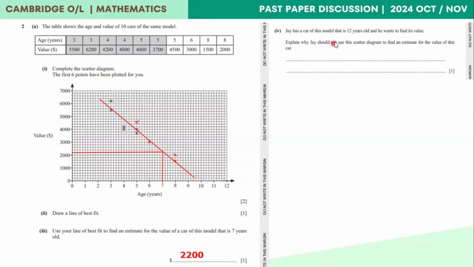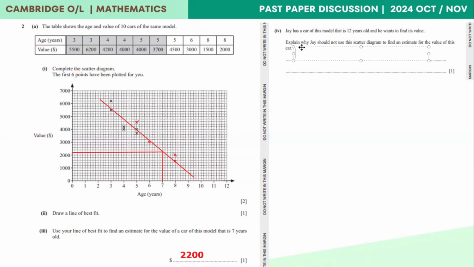So he wants to check for a car that is 12 years old. 12 years old is outside the range of data. Also, you can see that the line of best fit does not go close to 12. Therefore, he cannot use it.